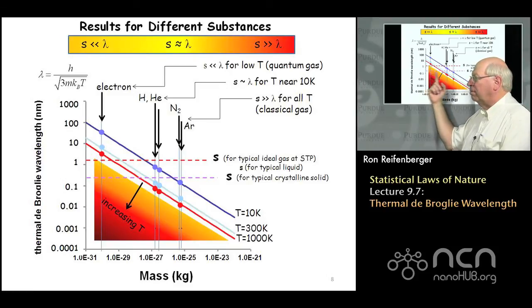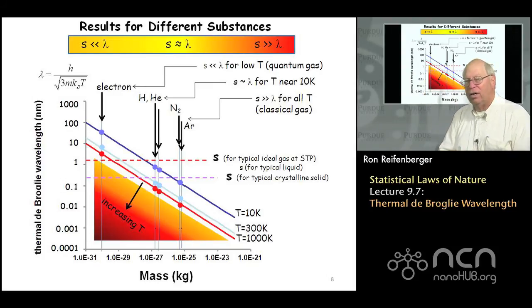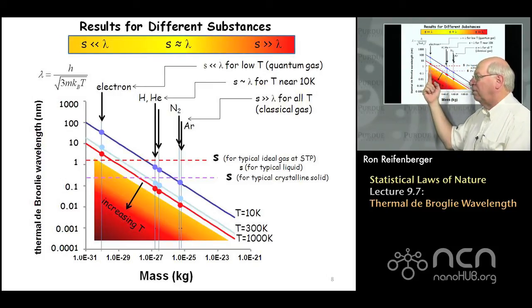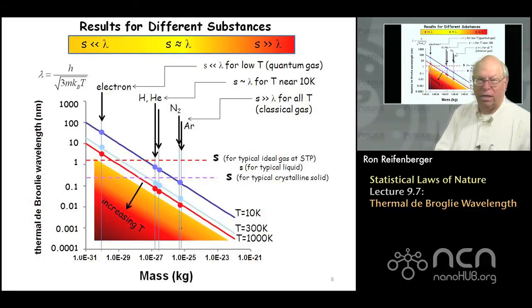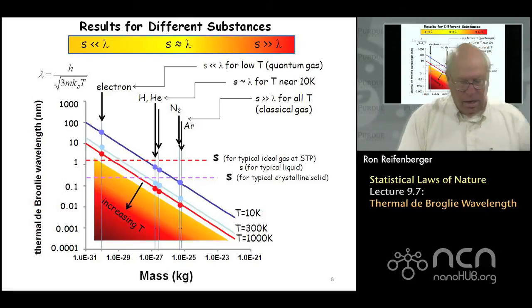So if you pack atoms together to make a solid, typically the interparticle separation is down here. All these thermal de Broglie wavelengths for the temperatures I've considered are greater than this interparticle separation distance. And so that's telling you that for electrons in solids, you probably have to use quantum mechanics.